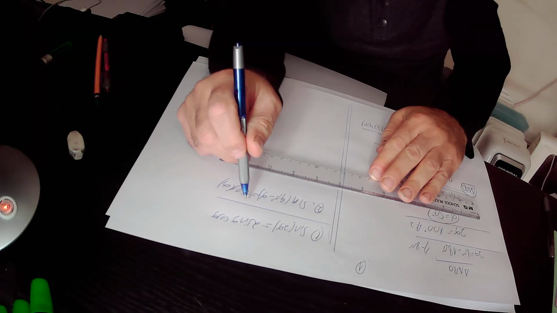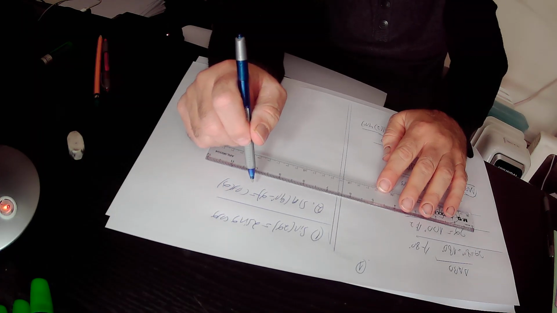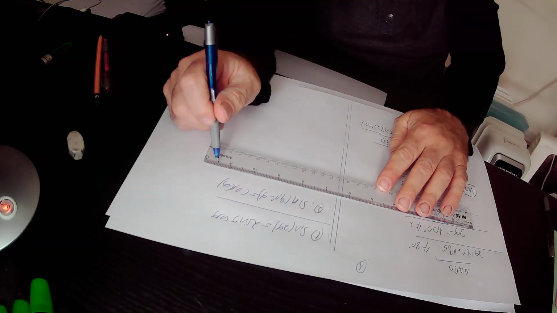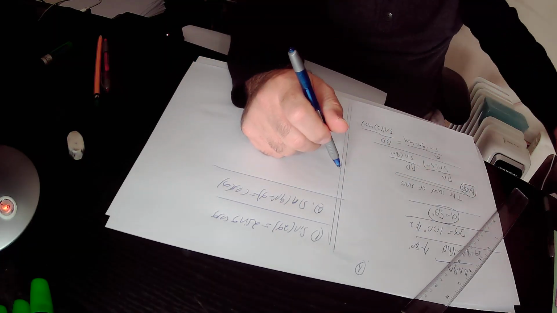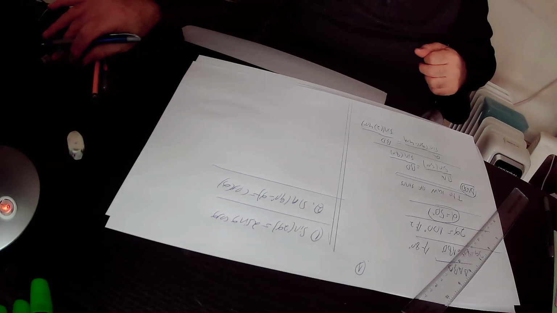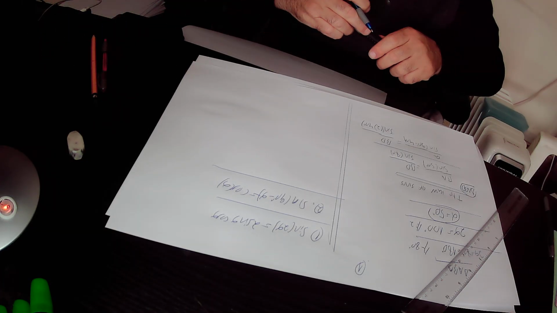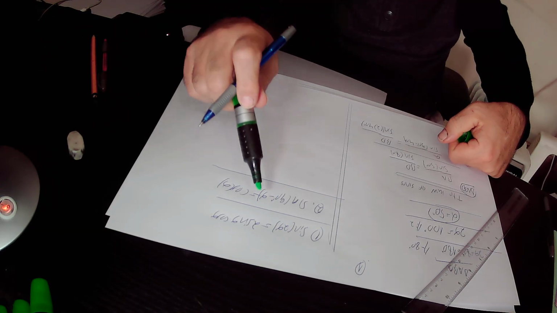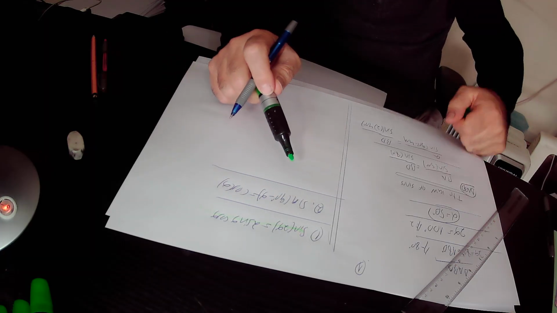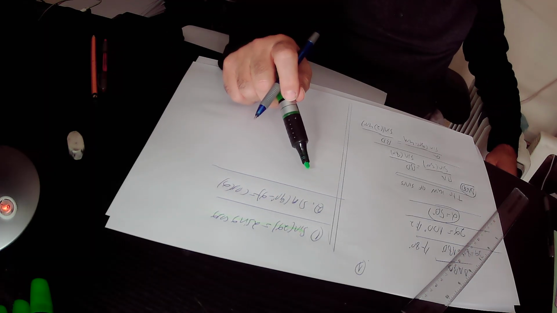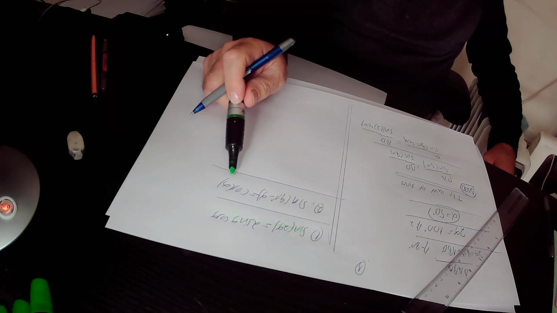So we implement those two trigonometric identities in our equation. The first is sine 2 alpha equals 2 times sine alpha cosine alpha. The second is sine of 90 degrees minus alpha equals cosine alpha.